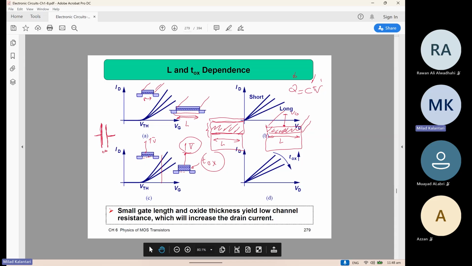The capacitance is going to be bigger. The capacitor is bigger, but in fact, the charge density is what is important. Though you are increasing L, you are increasing the capacitor, this charge is distributed uniformly over the whole region, right?